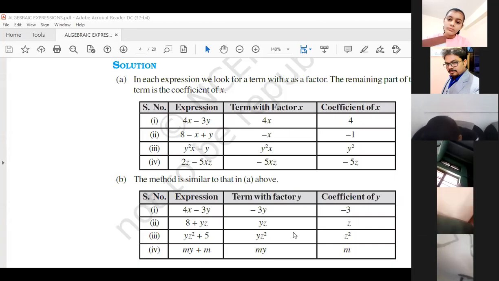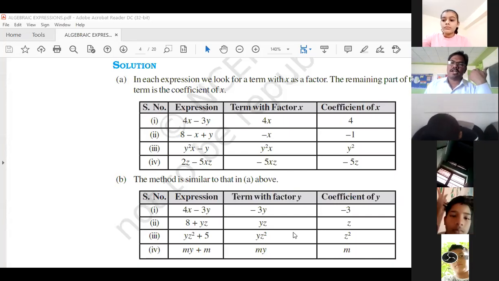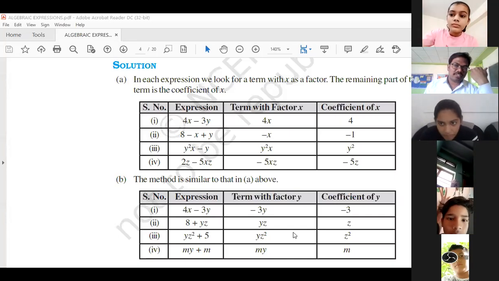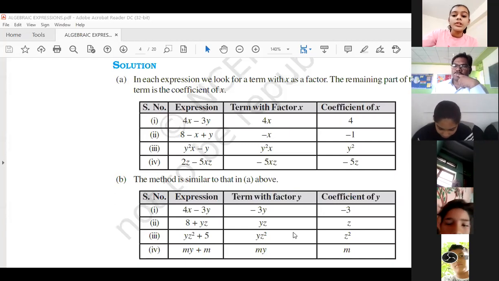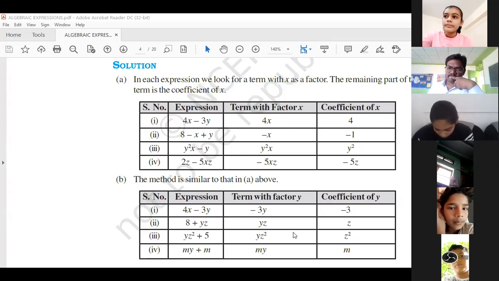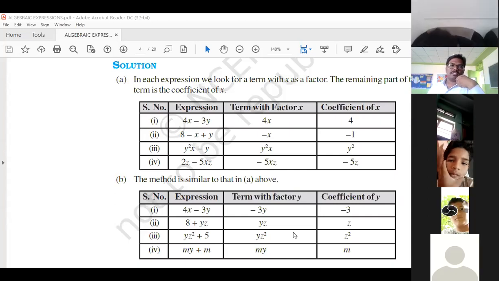Oh, my video is off. Please tell me, was my video off at the start of the session or in the middle? Sir, after you shared the screen, it was on. Okay, Prathamesh Tandle. It was just a waste of time talking with these students.